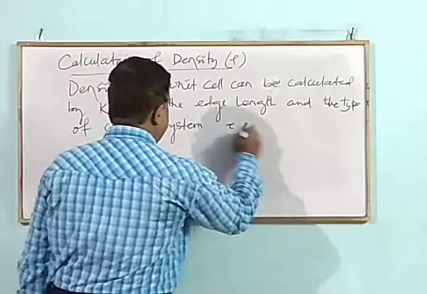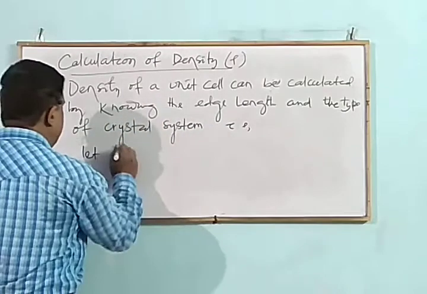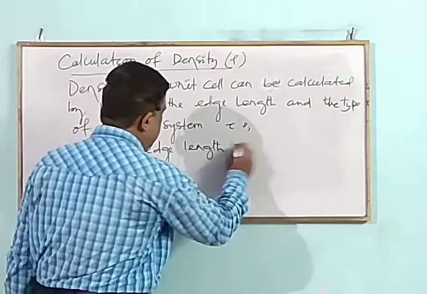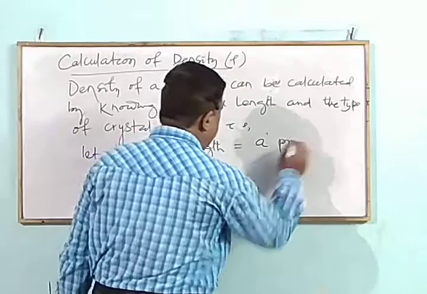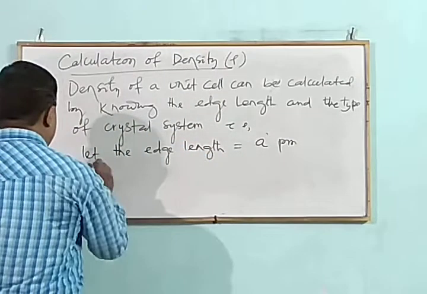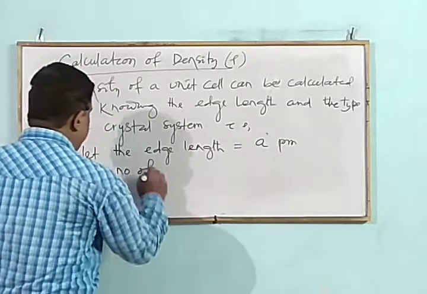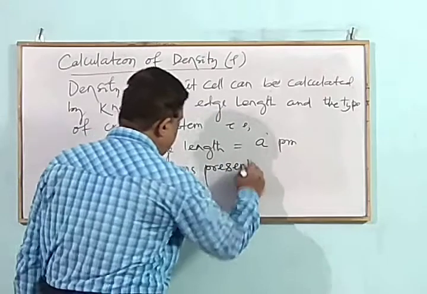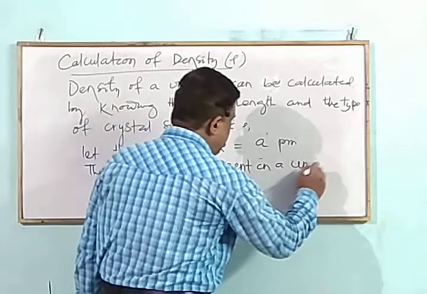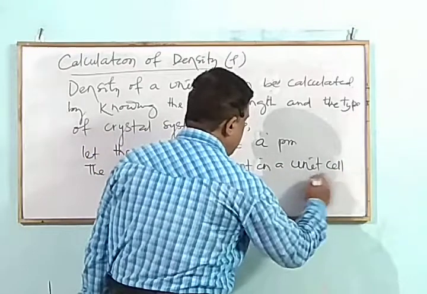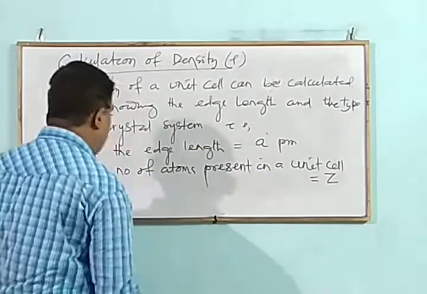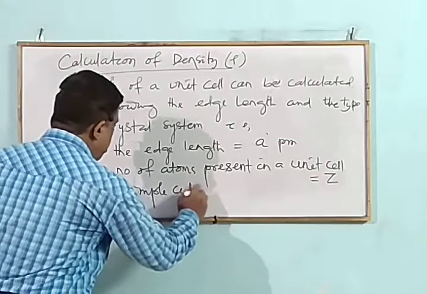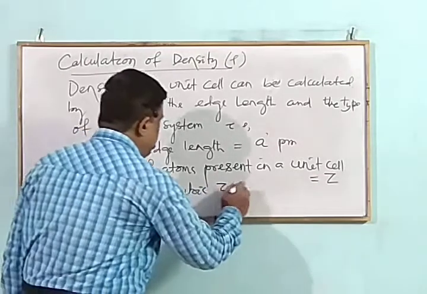That means let the edge length be symbolically represented as A in picometer and the number of atoms present in a unit cell is equal to Z. That means we know for simple cubic Z is equal to 1.